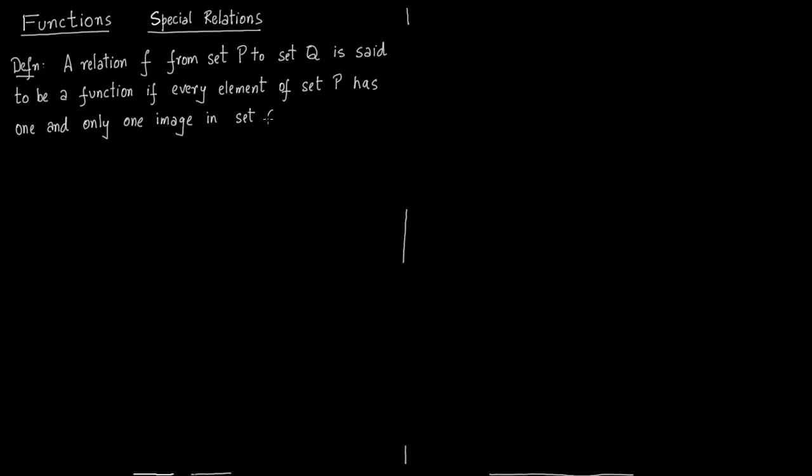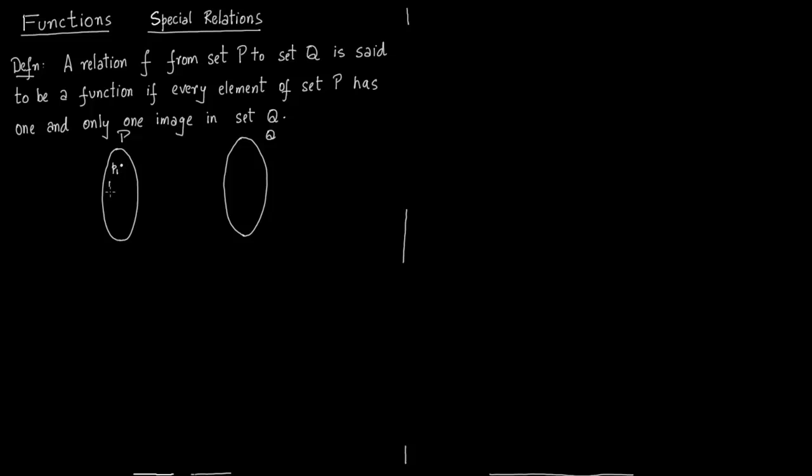So let us draw this relation in the form of a diagram which we showed in the previous slide and understand it. What is this special property? So first I draw set P and then I draw set Q, and then we will describe the relationship between P and Q and say that this relation is a function because it specifies a specific property.